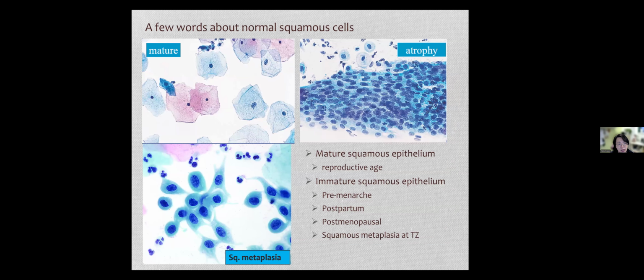With that in mind, let me talk about some normal squamous cells. In the left upper corner is a superficial cell, orange, and the green is the intermediate cell; that's the normal size. In the right upper corner is atrophy, appearing as a hyperchromatic group, but the nuclear membrane is very smooth and the chromatin is fine. Left lower is squamous metaplasia. Just keep that in mind.